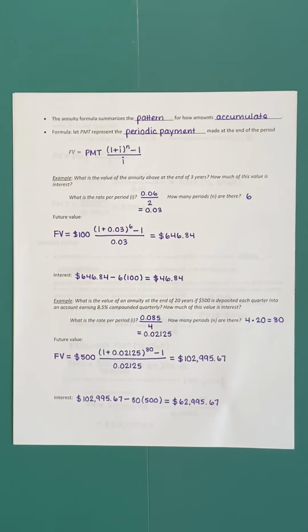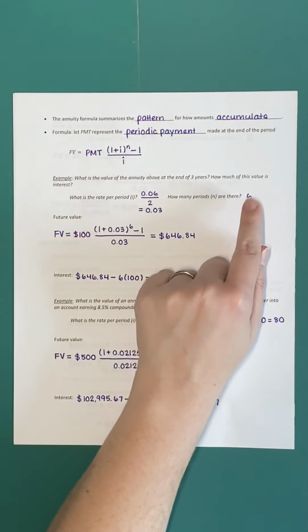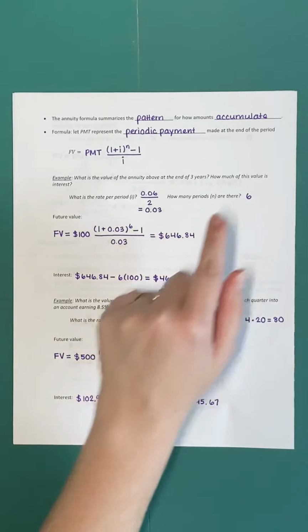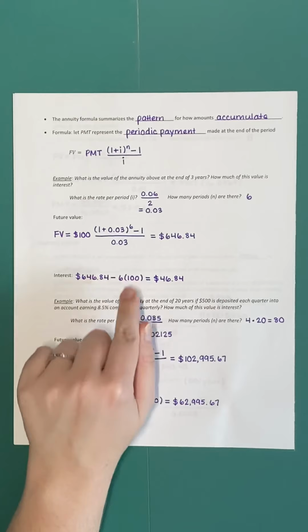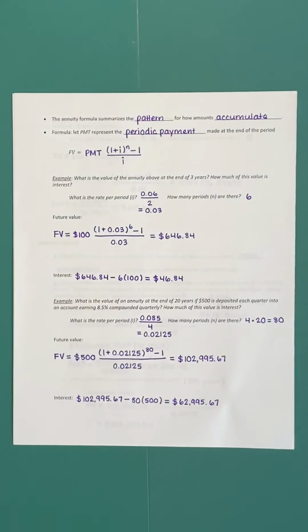But how many of these $100 deposits did we make? Well, we made a total of 6 of them, so 2 a year for 3 years. So our principal is actually going to be the payment we make multiplied by how many times we made that payment. So it's going to be 6 times 100, which is a total of $600, which was the total that we deposited in the account.